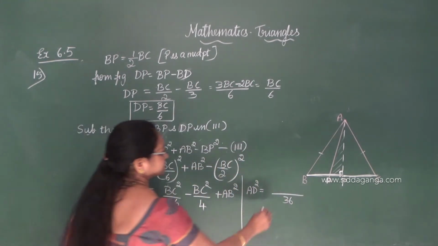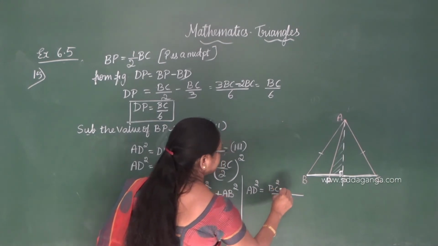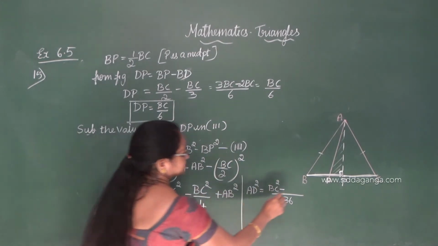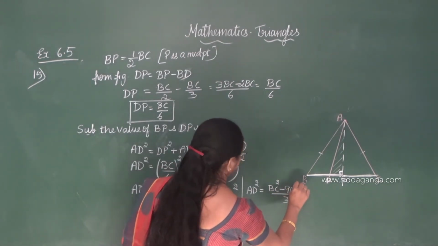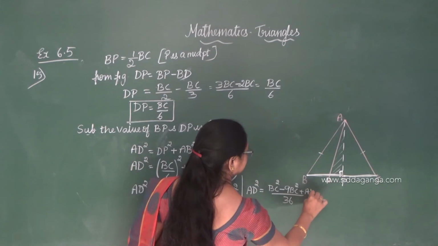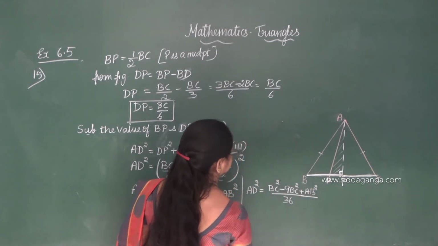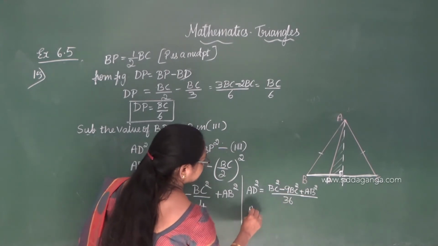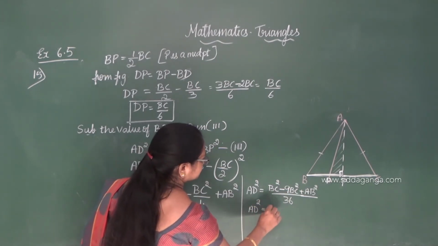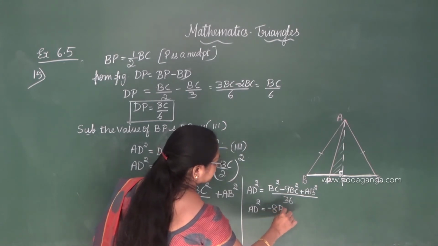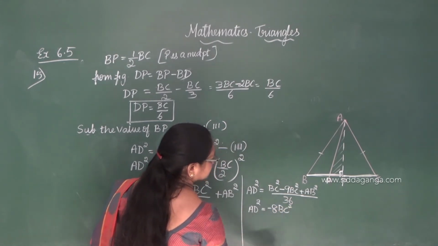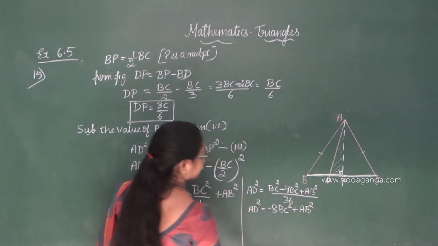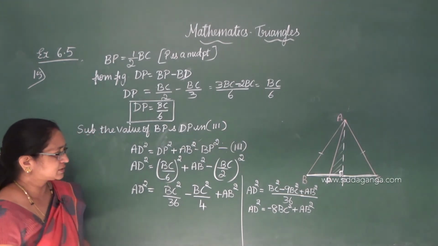Now this is BC square minus 4 9s are 9 BC square plus AB square. Now here what you will get? AD square is equal to minus 8 BC square plus AB square by 36.